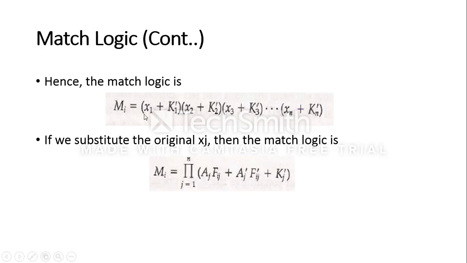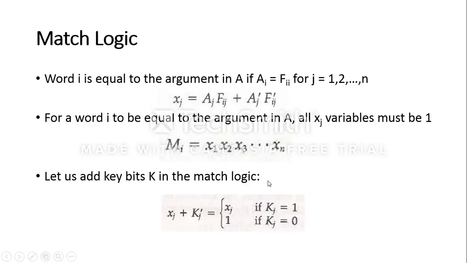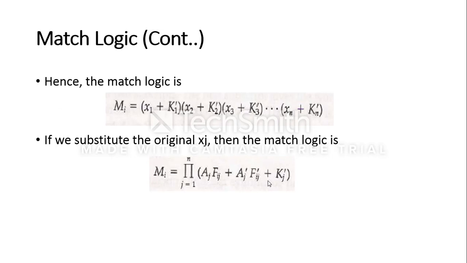So basically, if you consider this equation mi is equal to x1 plus k1 dash into x2 plus k2 dash and so on, then x1 can be replaced as a1 fi1 plus a1 dash fi1 dash plus k1 dash.